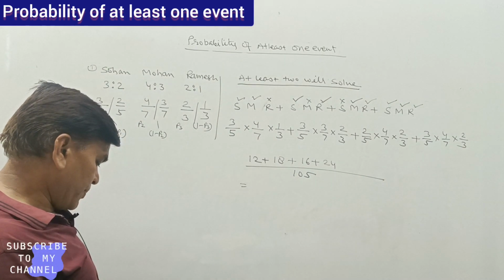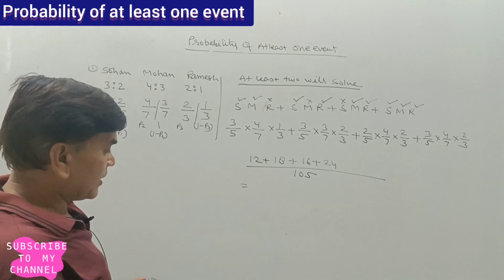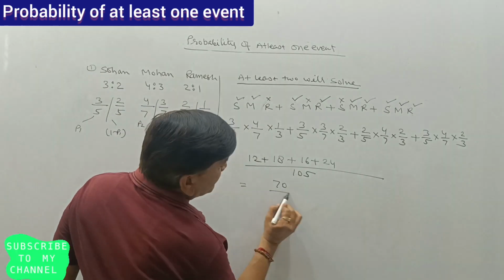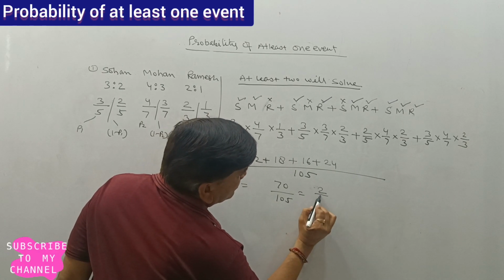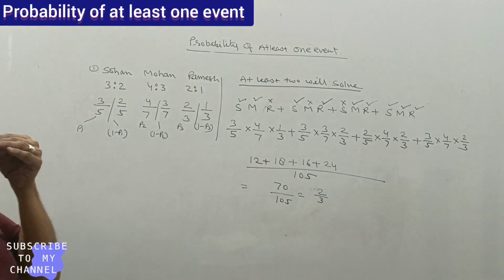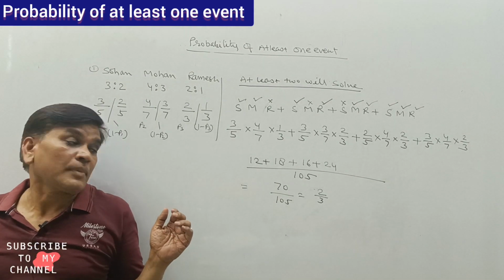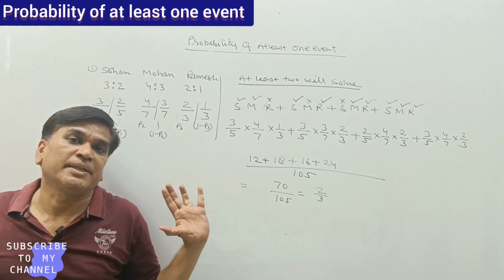So 12 plus 18 plus 16 plus 24 is 70 upon 105, and that will be 2 upon 3. So that is the probability of at least 2 events. If we calculate in this manner, we can calculate the probability of at least 2 events.